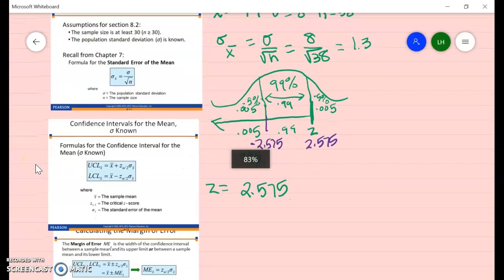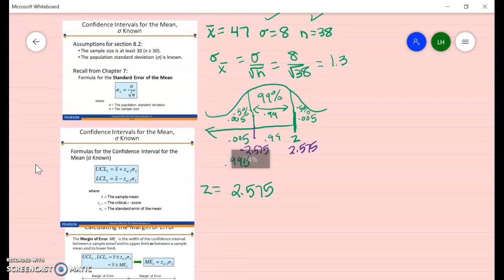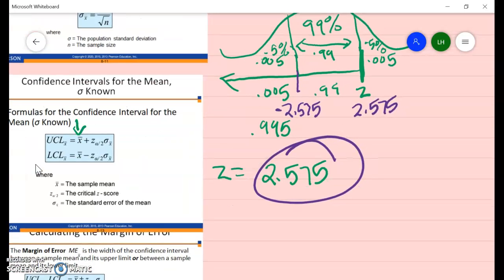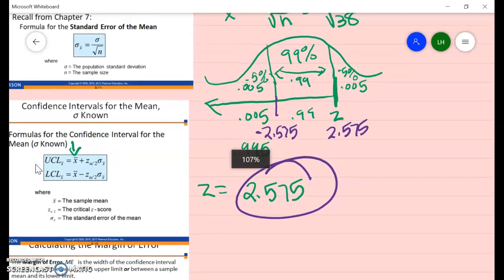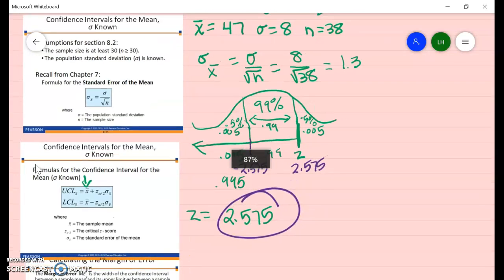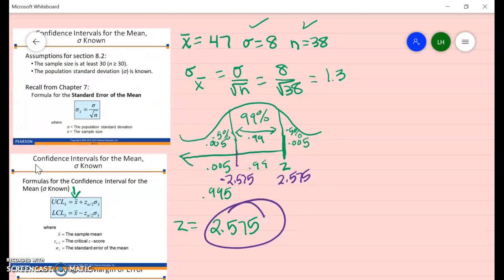Now, it does say round to 2 decimal places as needed, but let's just leave it like this and see if it works out. So our formula now is to take the sample mean, which is 47. So I'm going to calculate this over here so you can see.